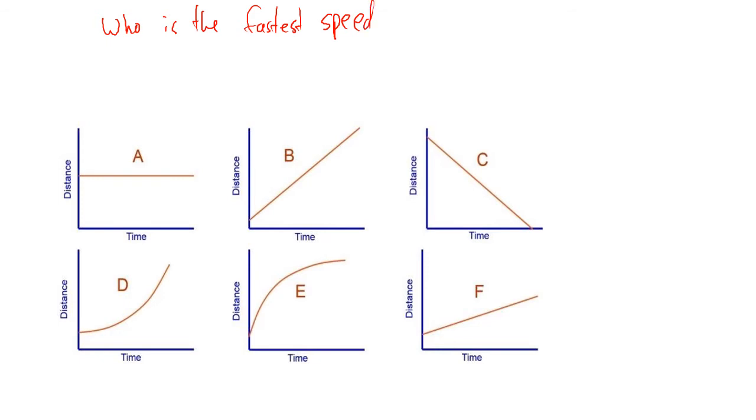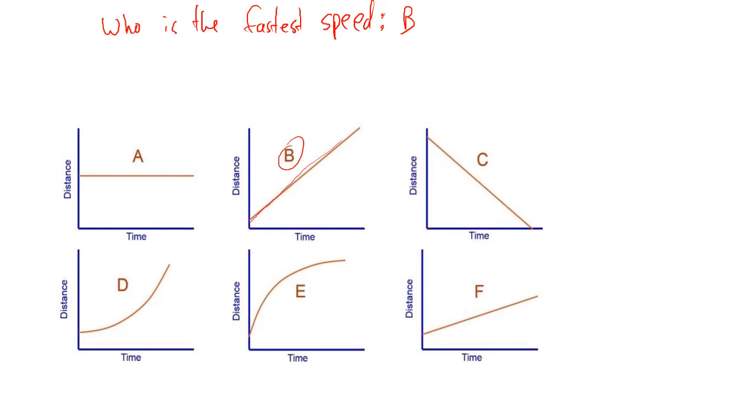So who's traveling the fastest for this kind of stuff? Well, there's two legitimate answers here. B is a good one. B is an answer, definitely. It is cruising uphill like that.